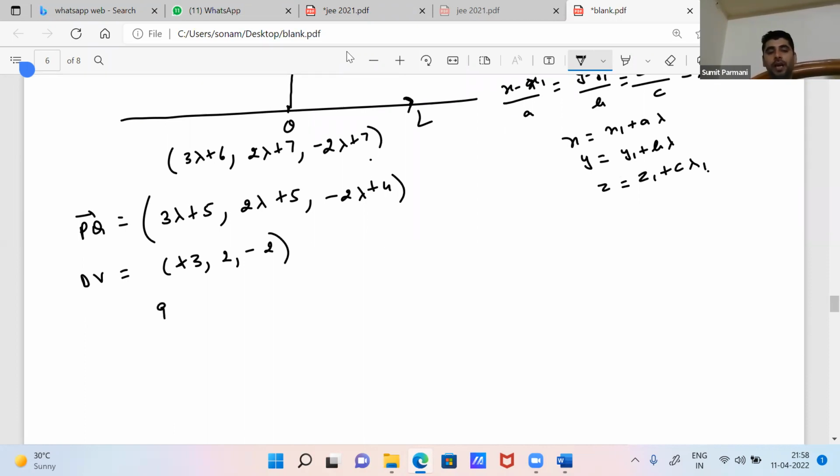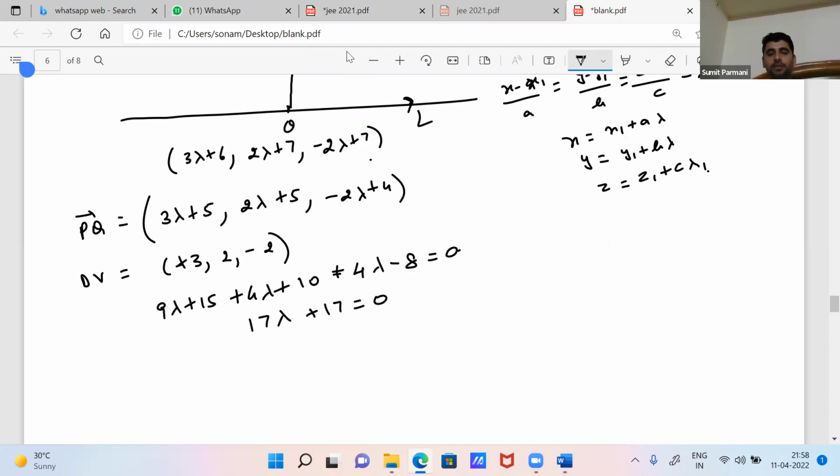So we have 9 lambda plus 15 plus 4 lambda plus 10 plus 4 lambda minus 8 is equals to 0. So 4 plus 4 plus 9 is 17 lambda and 15 plus 10 is 25, 25 minus 8 is again 17.